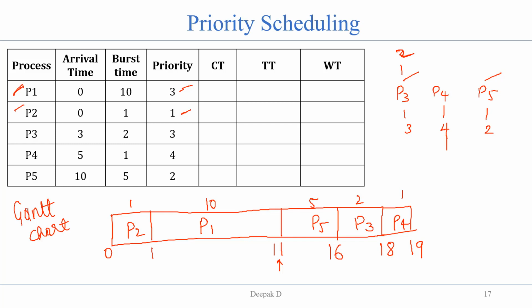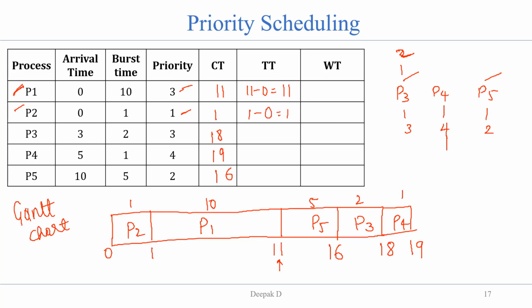What is the completion time here? P1 is 11, P2 is 1, P3 is 18, P4 it is 19, and P5 it is 16. And turnaround time is 11 minus 0, it is 11, 1 minus 0, it is 1.